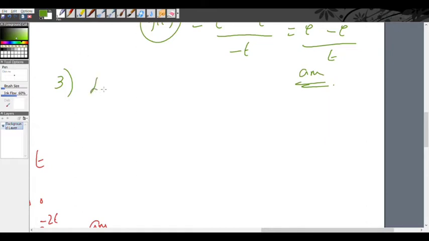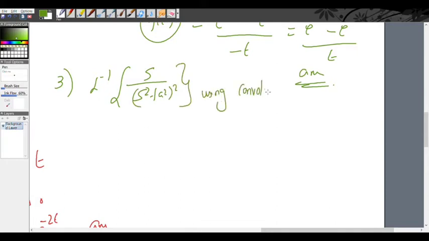Find the inverse Laplace transform of s by (s square plus a square) using the convolution theorem. So I have to use the convolution theorem to find L inverse of this one.